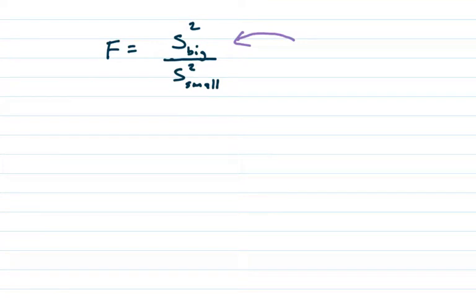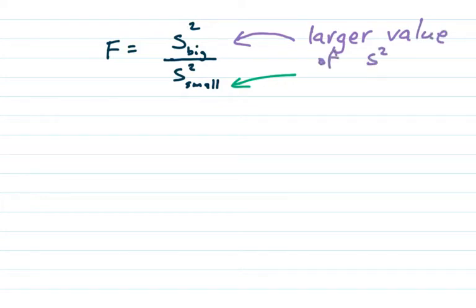We're going to put the larger value in the numerator and then the smaller value in the denominator. Larger value of S squared, and this is the smaller value of S squared.